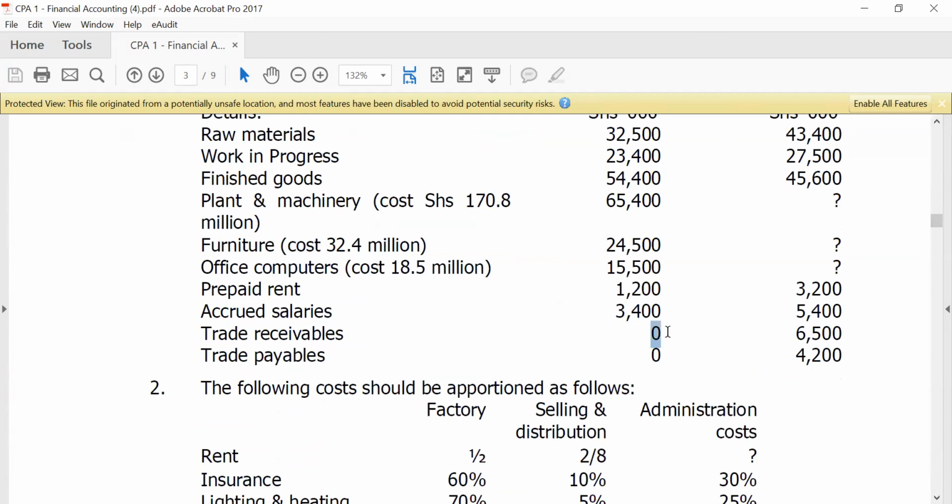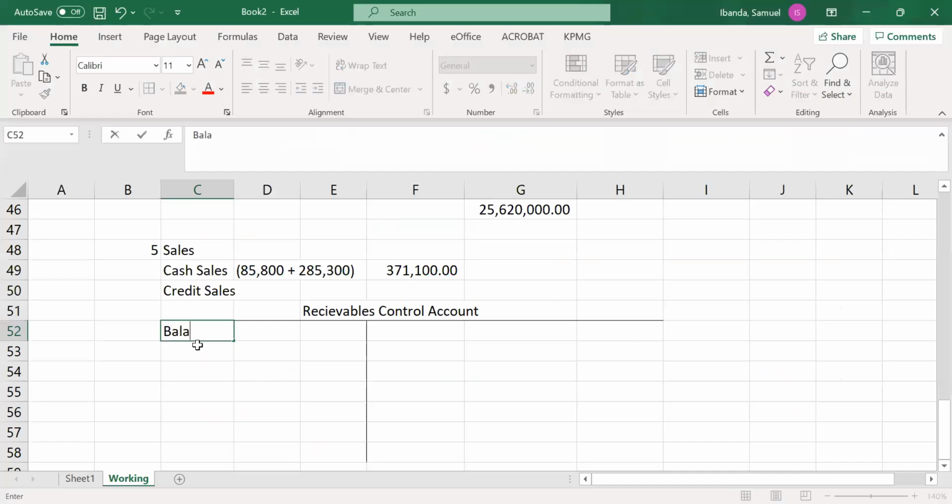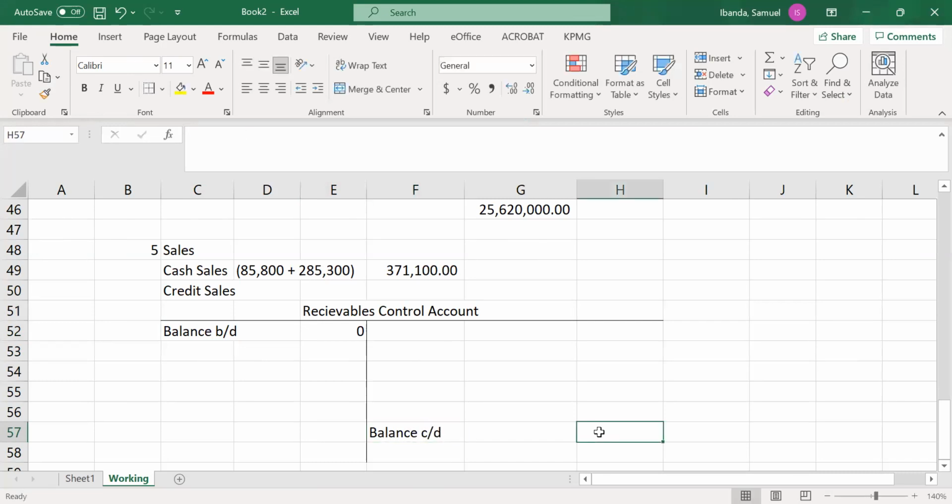So my receivables opening balance is 0, closing balance is 6,500. So I'll just come here and say balance brought down is 0, while the balance carried down is 6,500, like that.